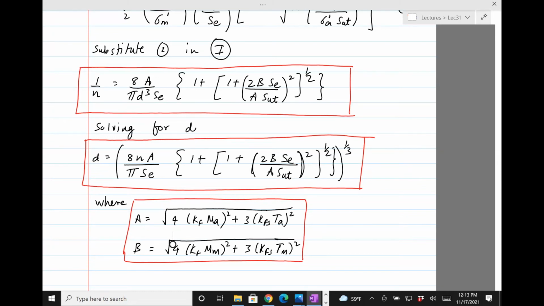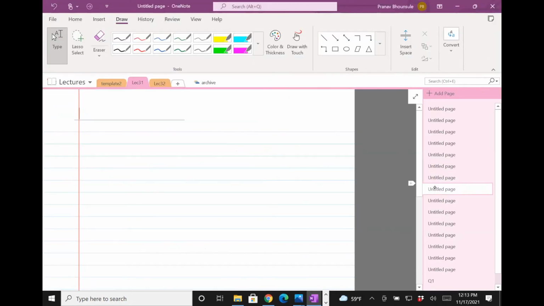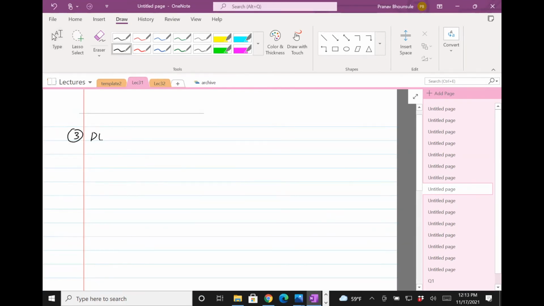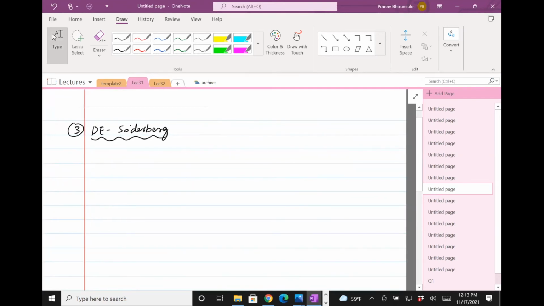Okay. Next one. Okay, this one is 1 divided by n equals sigma A prime divided by Se plus sigma M prime divided by Sy.